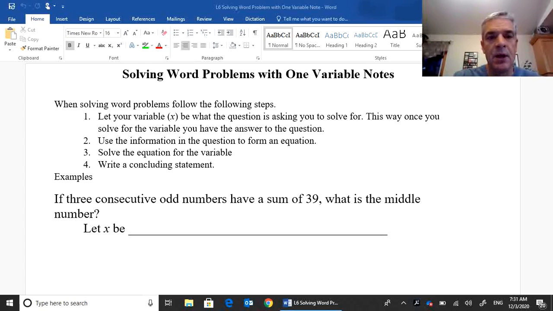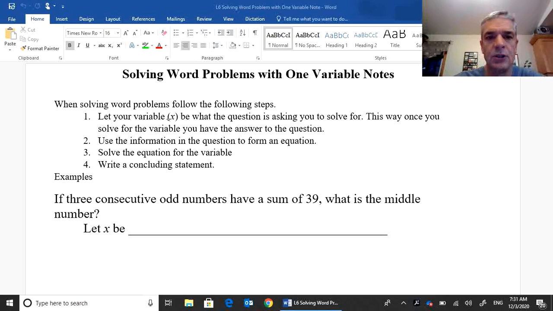Now, the next step along the way is we want to create a variable or state a variable. Use a let statement to do this, and let the variable be what the question is asking for. It's really important that you recognize what the question is really asking and state that in your let statement. I generally use the letter X, but that's not necessarily how it has to be.